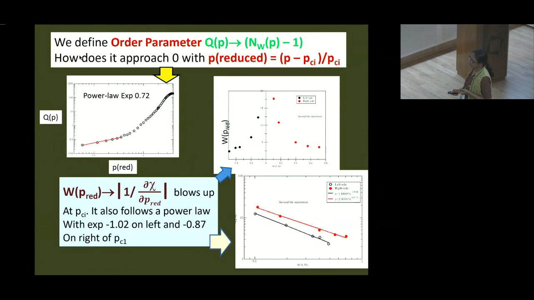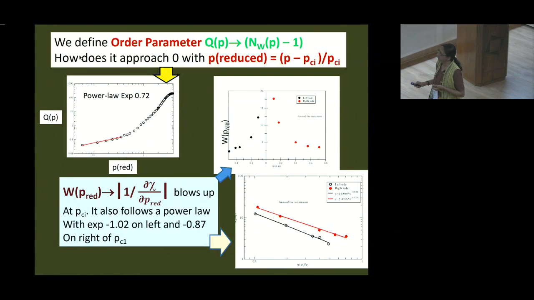And another interesting characteristic is the slope of the curve, the Euler number versus P, which reaches a maximum. The inverse of that slope blows up at the transition point. So it is shown here.